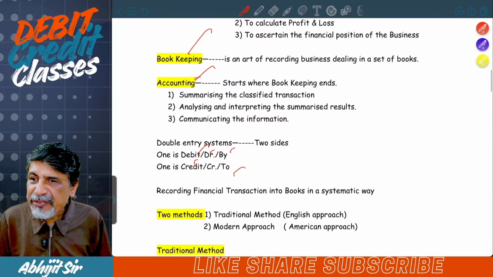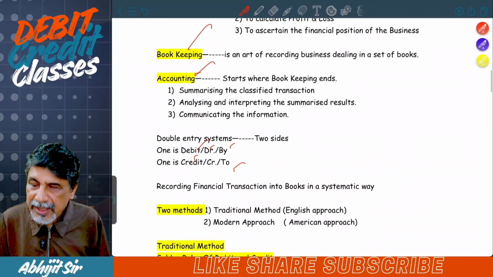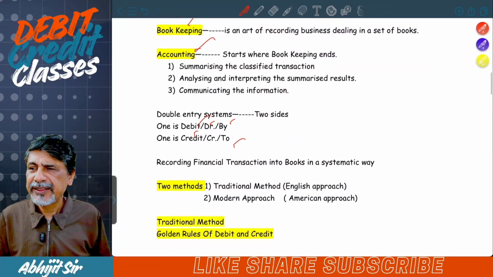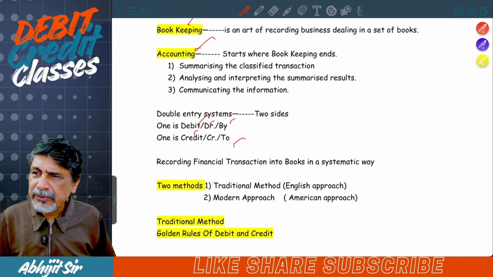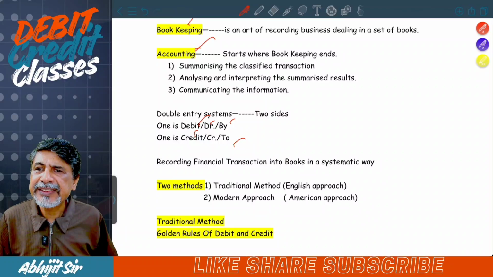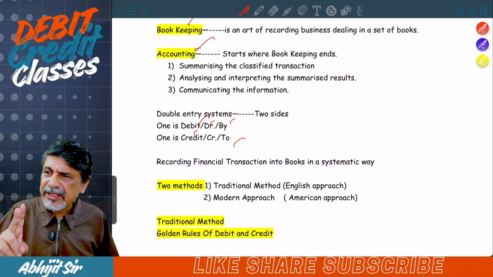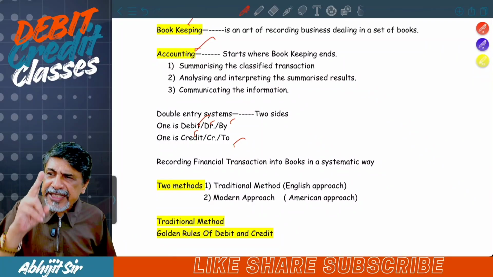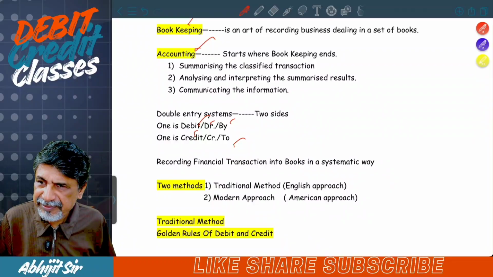Now, recording financial transactions into books in a systematic way. How do we record these financial transactions in books in a systematic way? Who records them? The bookkeeper. How does the bookkeeper record these transactions into books in a systematic way? There are two methods. Number one, the traditional method, which is called the English approach.